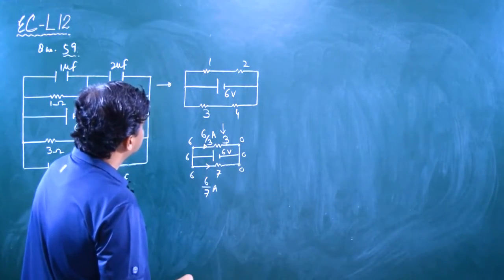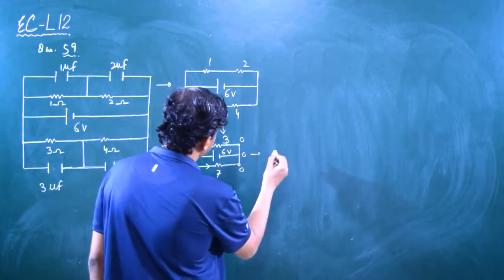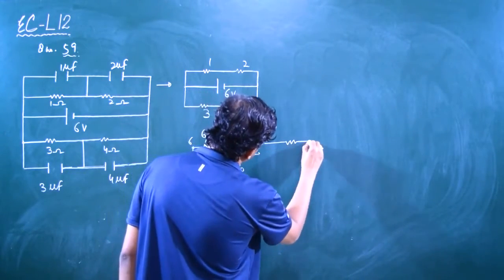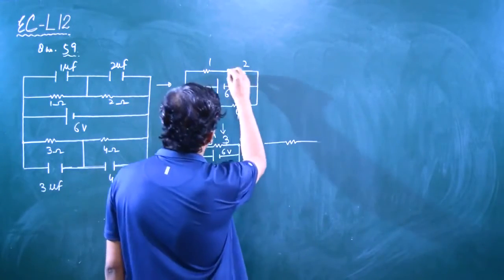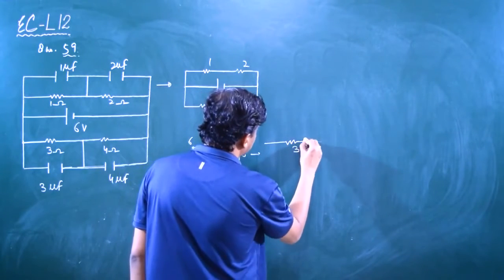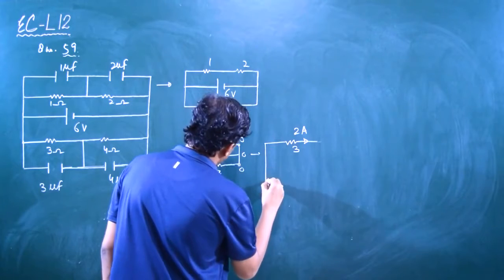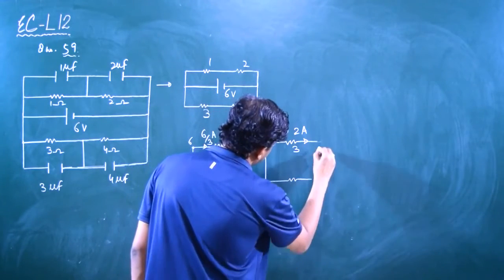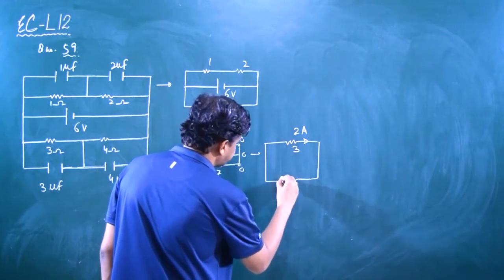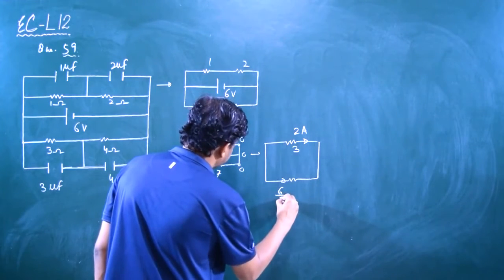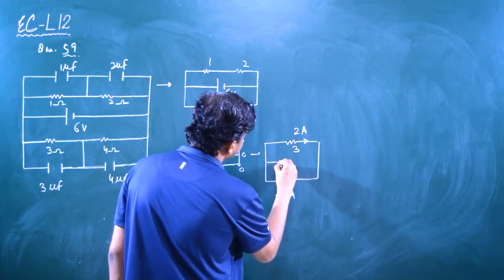Okay, so that means across this upper arm of the circuit, we have current 6 by 3, that is 2 ampere, and across the lower arm we have current 6 by 7 ampere.